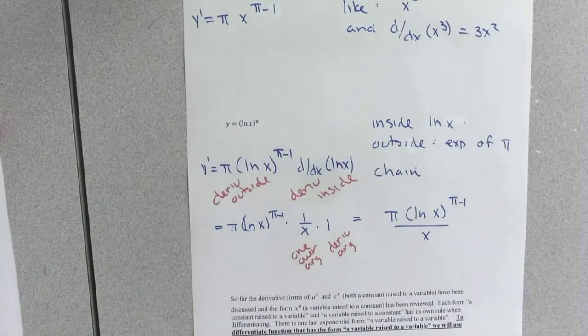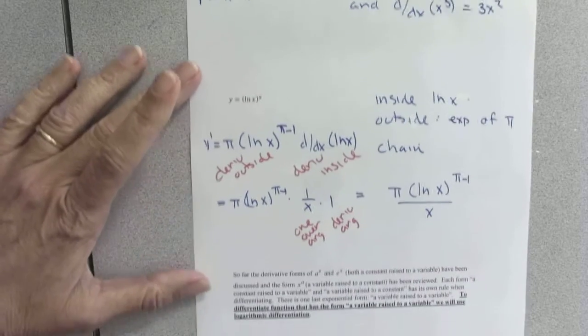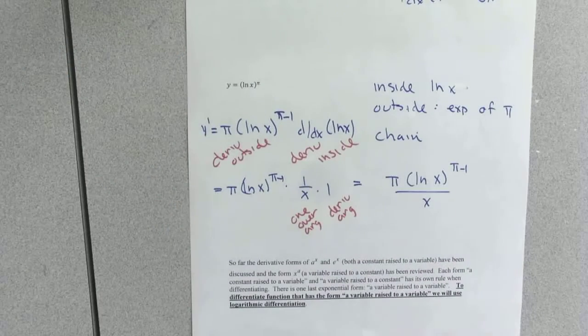Okay, there is one last exponential form. So far the derivatives of the form a to the x and e to the x, a constant raised to a variable, have been discussed. And the form x to an a, variable raised to a constant, has been reviewed. Each form has its own rule when differentiating.